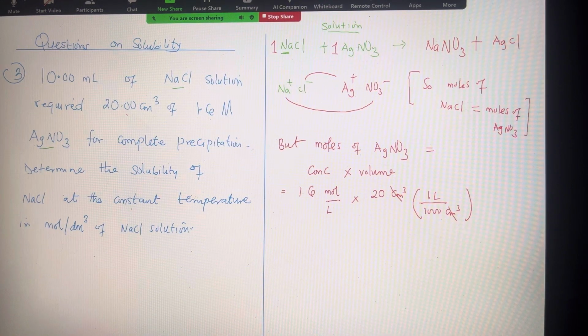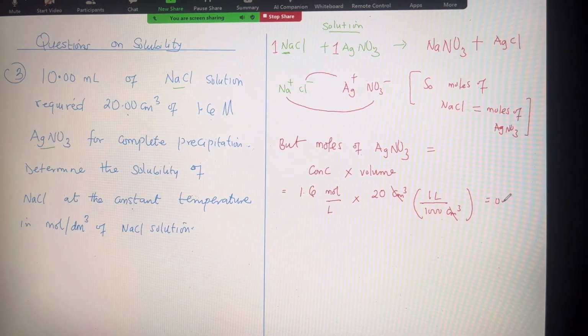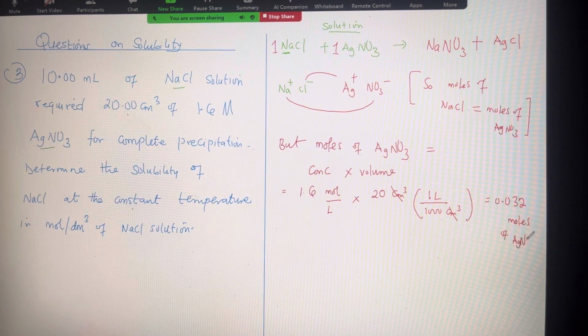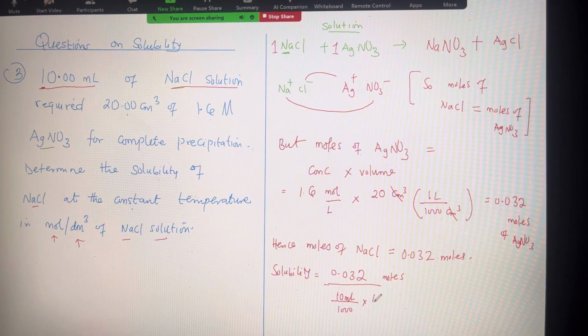So remember, mL, milliliters, is the same as cm³. So I just did the conversion here so that I'll be able to obtain the moles of silver nitrate in this particular question. And that was 0.032 moles. Hence, you can get the moles of NaCl as well as the same thing. And then we can proceed to get the solubility.